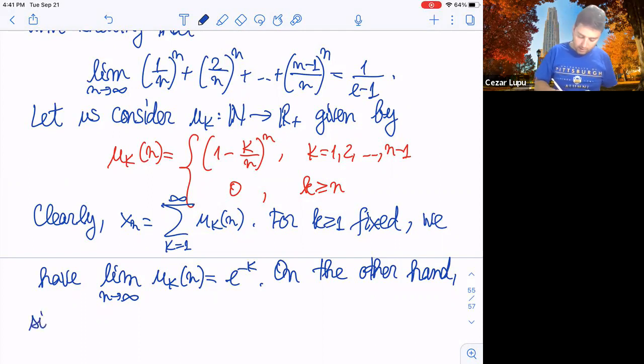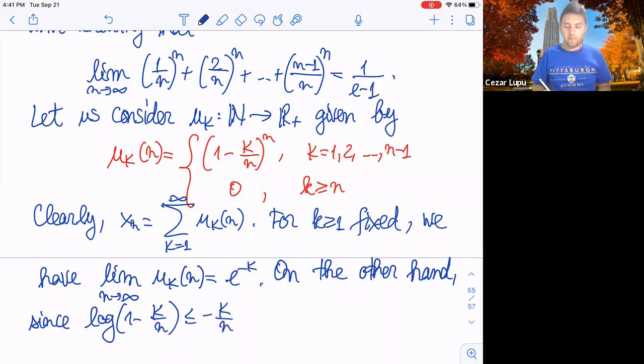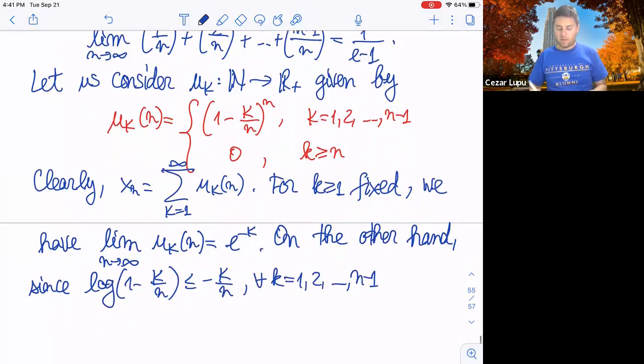Since log of 1 minus k over n is less or equal than negative k over n, for all k from 1 up to n minus 1, this is obvious because we use the inequality that log of 1 plus x is less or equal than x.